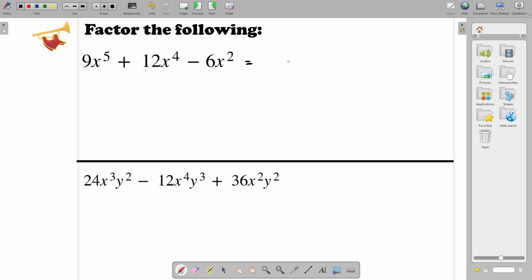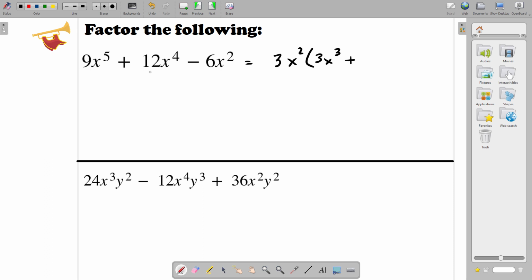So I know that I can take an x squared and divide it out of all of those, but if I have a 9, a 12, and a 6, the largest number that I can factor out of that would be a 3. If I take 9x to the 5th and divide it by 3x squared, I get 3x to the 3rd. X squared times x to the 3rd is x to the 5th. 3 times 3 is 9.